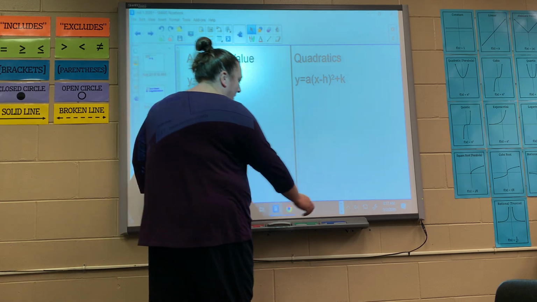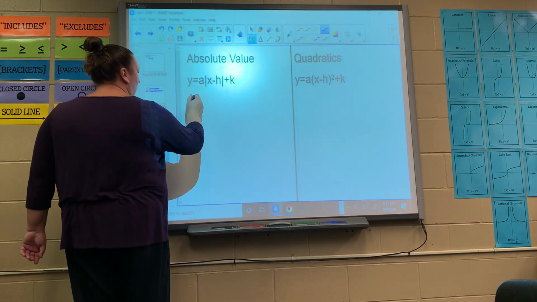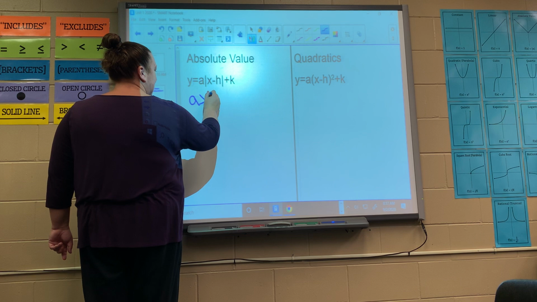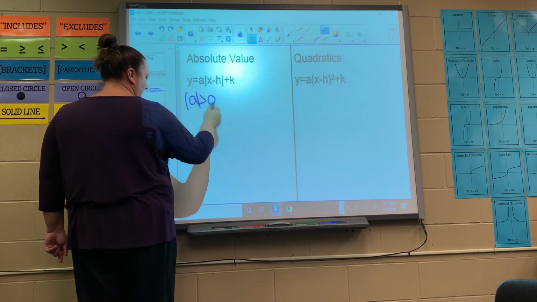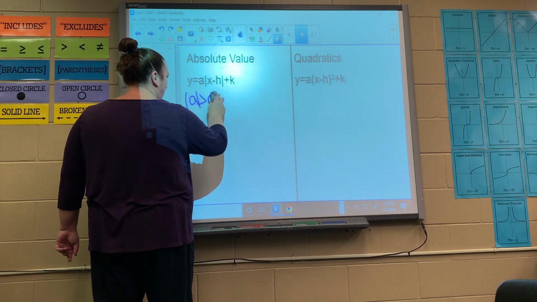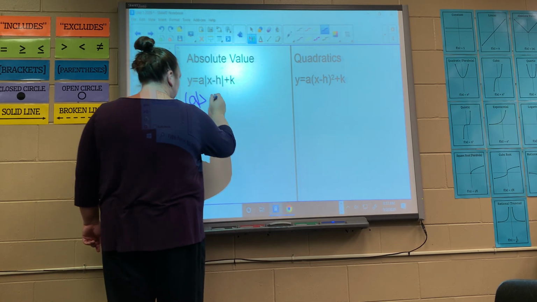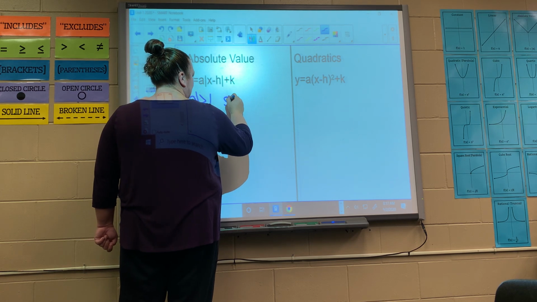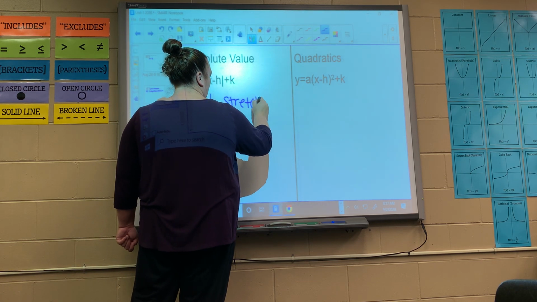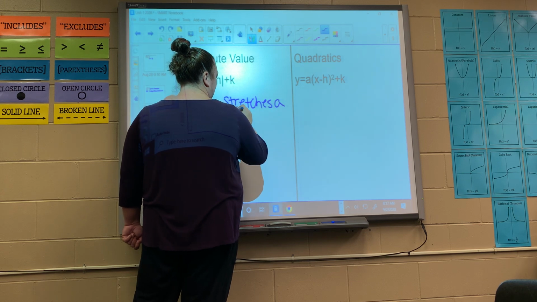Okay. So when the absolute value of A is greater than 1, it stretches A units.